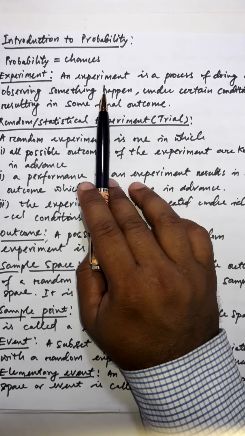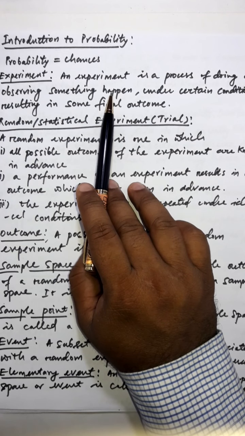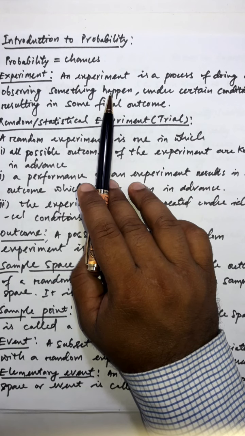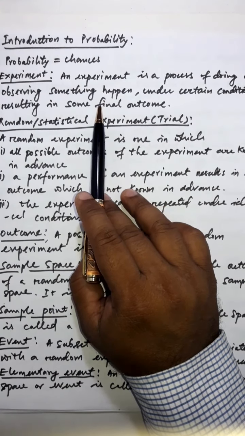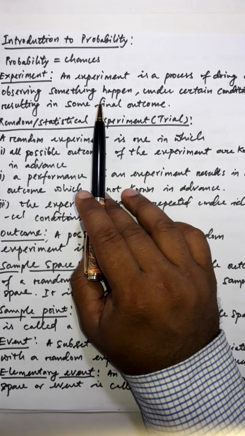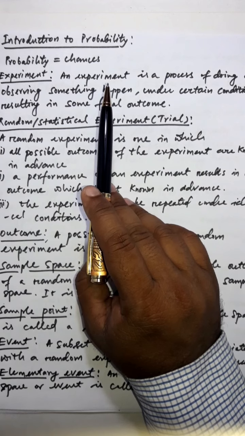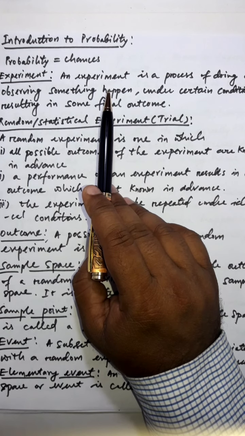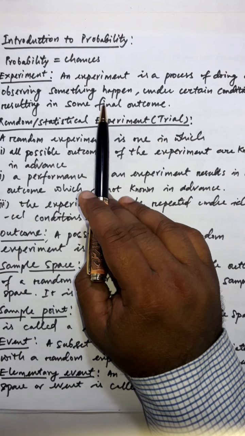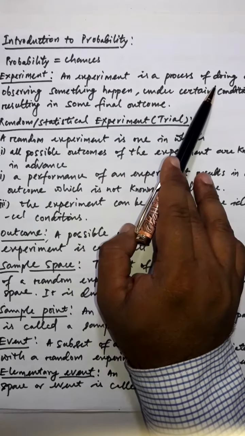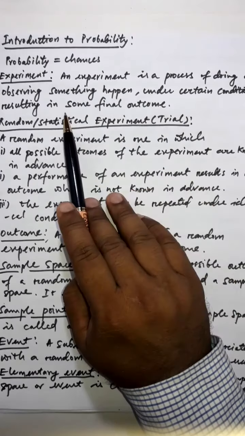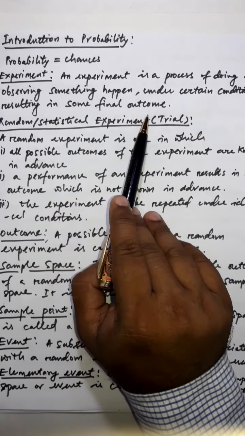If we toss a coin, we'll get either a head or a tail, or maybe it will be neutral. Similarly, if we are rolling a dice, then we can get any number between 1 to 6. So we can say that an experiment is a process of doing or observing something to happen under certain conditions which results in some final outcome.